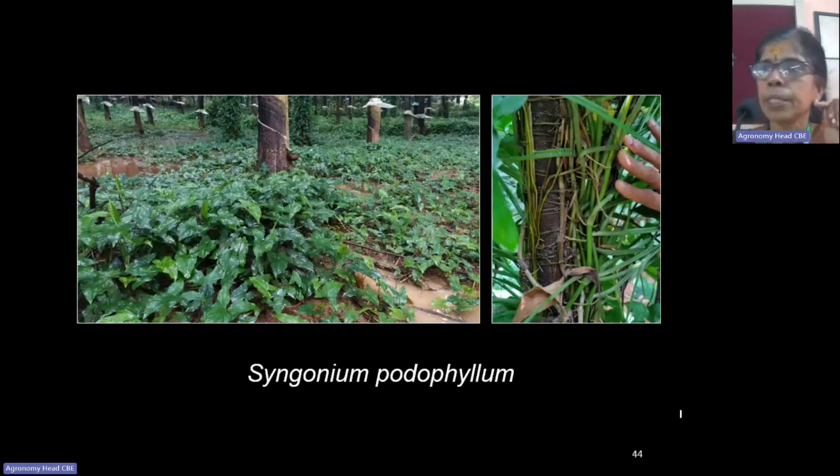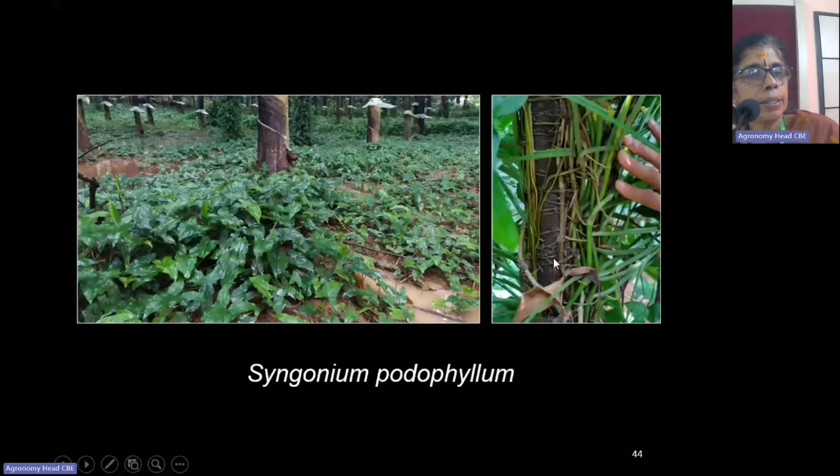But the rubber farmers claim that if this plant is there, tapping is very difficult. If the tapping area also has weeds, it is very difficult. And even on the ground, it is difficult. And when this plant is there, they claim that rubber latex yield is reduced.